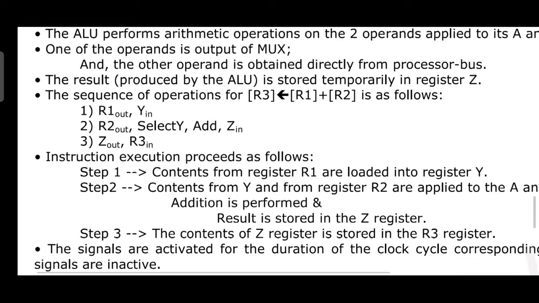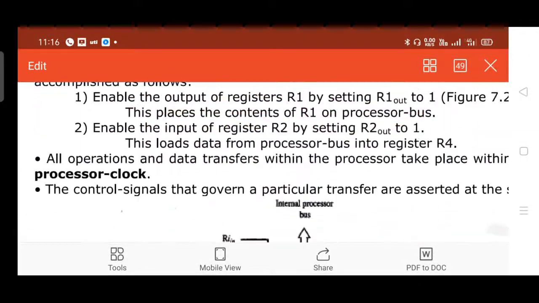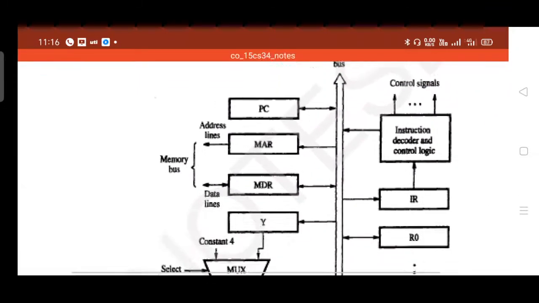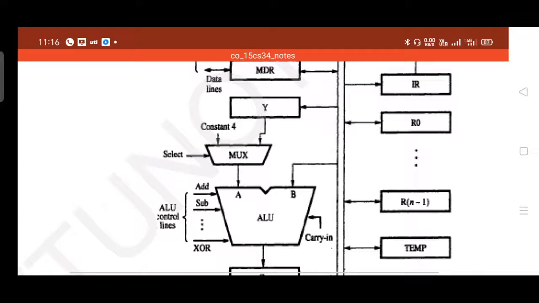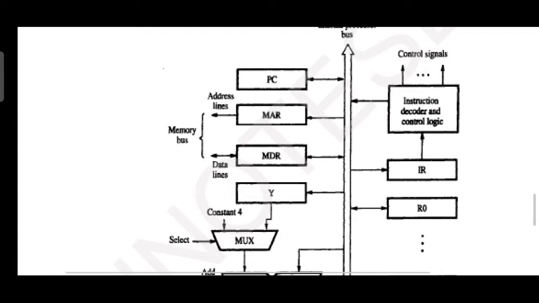So step 1, the content of register R1 is loaded onto one of the intermediate registers, say Y in. Check the first diagram, you will come to know. Let us see the initial diagram again. The content from register R1 is placed onto the internal processor bus, because each and every general purpose register R will be having a bidirectional arrow.